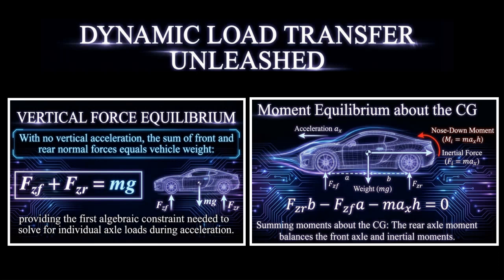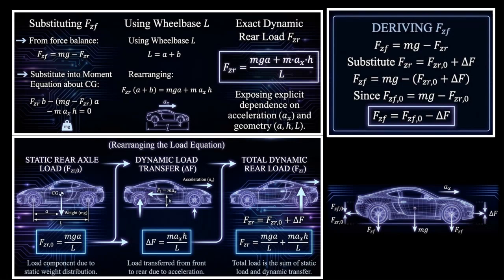Taking moments about the center of gravity and using the wheelbase distances a and b gives the equilibrium equation FZR times b minus FZF times a minus m times ax times h equals 0. These two equations together allow the front and rear axle loads to be determined during acceleration.